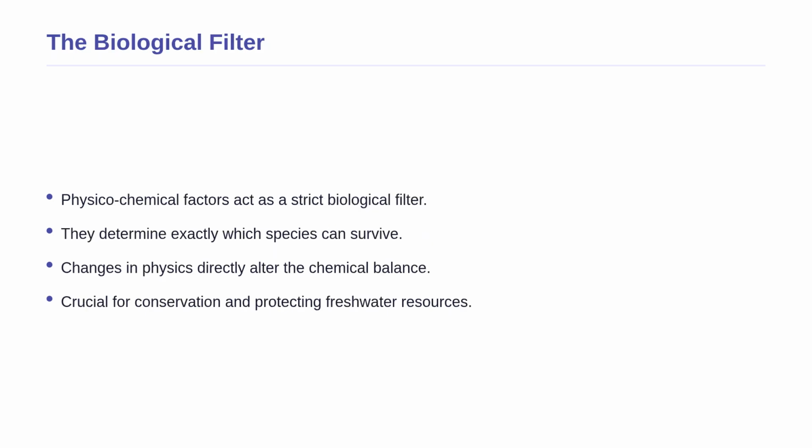So, why do we care so much about these specific components? It matters because these factors act as a strict biological filter. They determine exactly which species can survive in a given stretch of water. For example, if a factory releases warm water into a stream, the physical temperature rises.